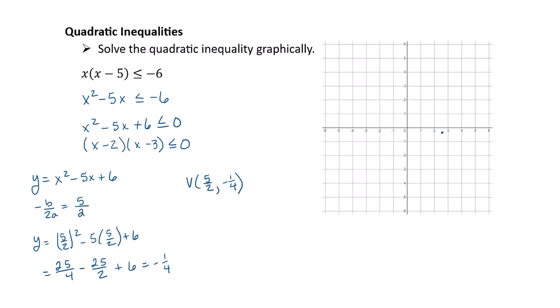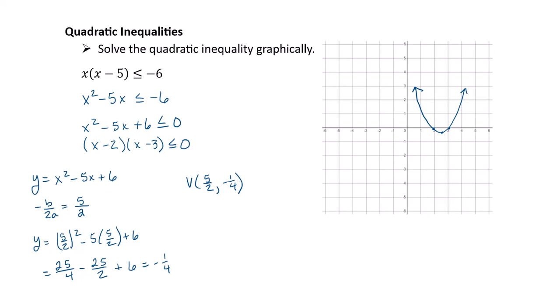So here I have a 2 and 3 on the x-axis as my x-intercepts. And this is a rough sketch of that graph.